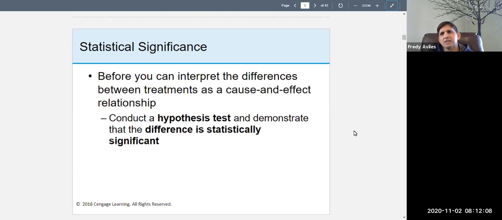Is it something that is more likely to provide support for the null hypothesis, which says there are no differences? Remember, we talked about things like that. So statistical significance is determined by comparing groups, doing a hypothesis test, and determining that the difference is actually real, that it's big enough to matter.